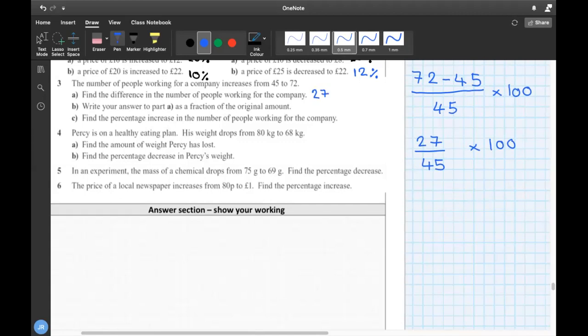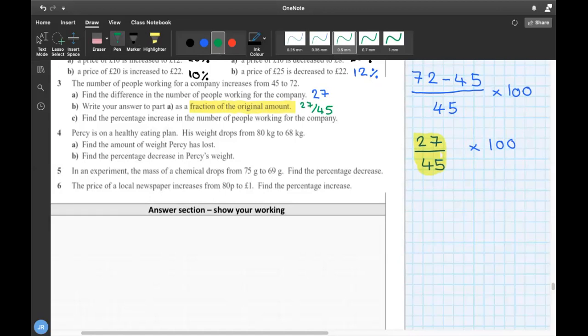Right, your answer to part A is a fraction of the original amount. That's what we've got here. Because we always take the difference between the new amounts and divide that by the original. That would be 27 divided by 45, or 27/45.